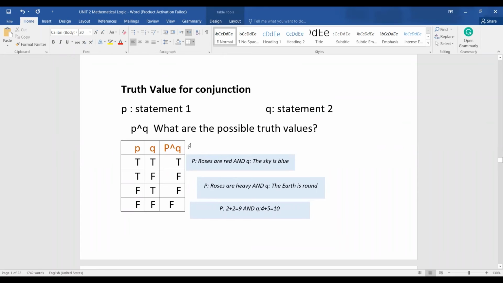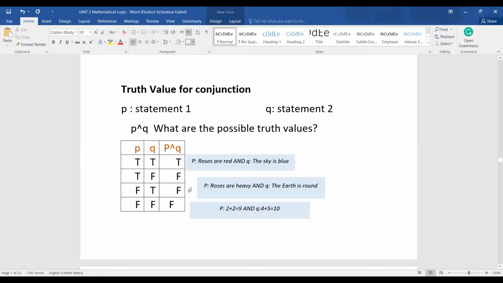So both true, it is true. But the next line is roses are heavy and the earth is round. Now one of your statements is right, one is wrong. You're not giving an option, you are telling them an absolute statement. In this case, it's going to be wrong.